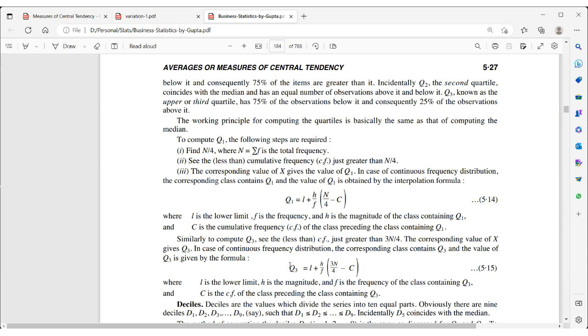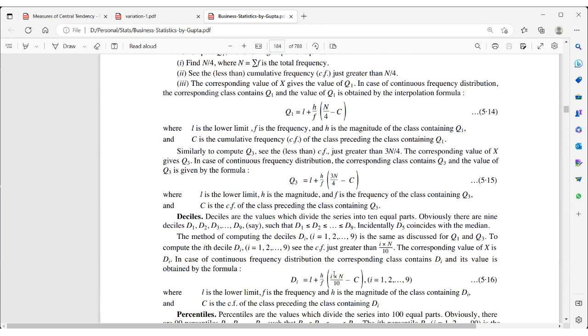This is the first quartile; the second is the median that we already discussed. For the third quartile, Q3, the formula is similar, we just put 3N/4.